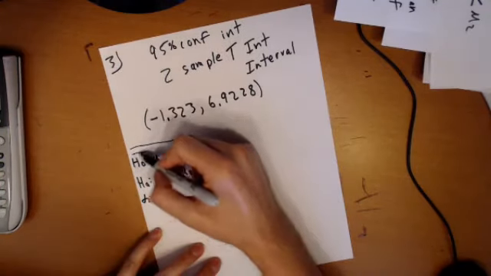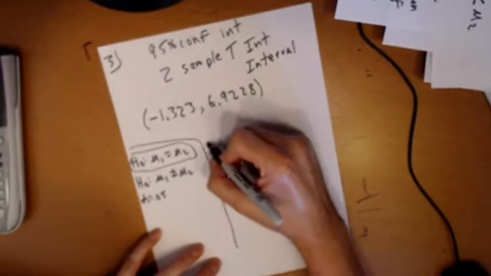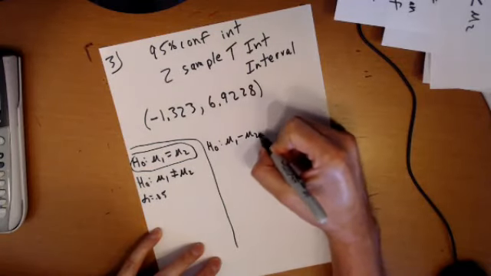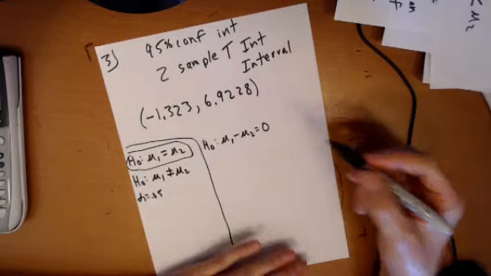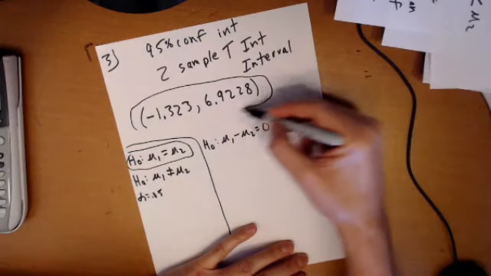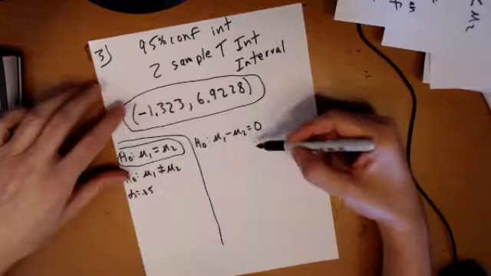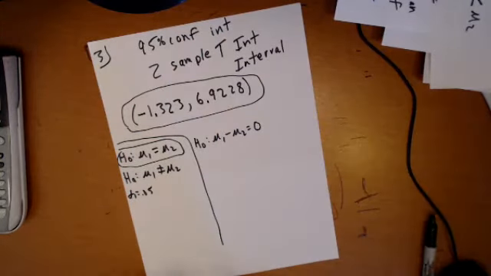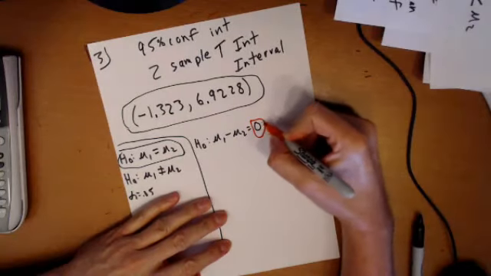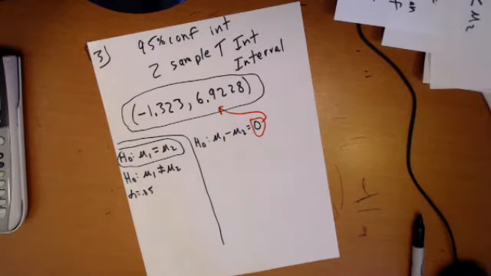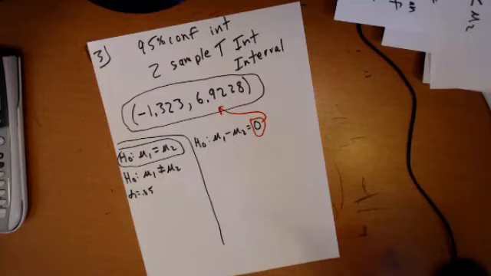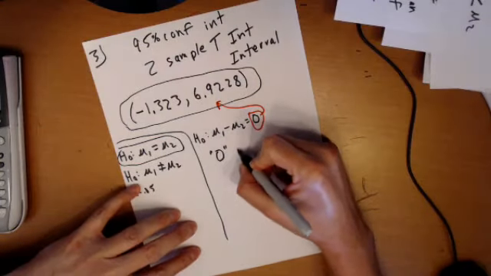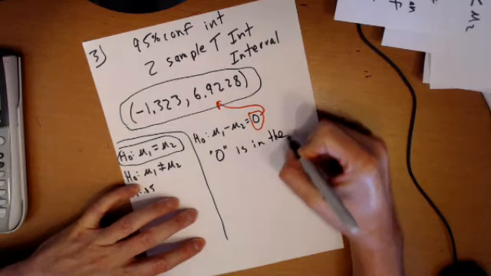And remember the null could be rewritten algebraically as mu1 minus mu2 equals 0. So when you see this confidence interval, you should be asking yourself, what number am I looking for in that interval? I am looking for this 0. Is 0 in the interval? Yes. 0 is in the interval.